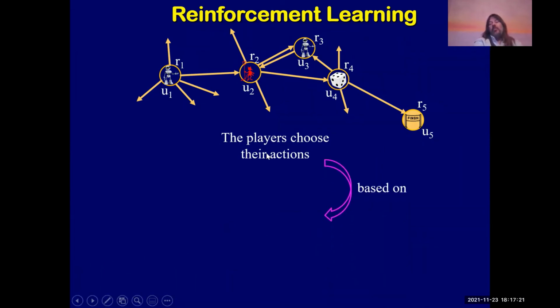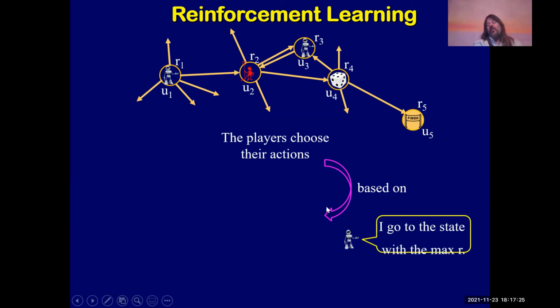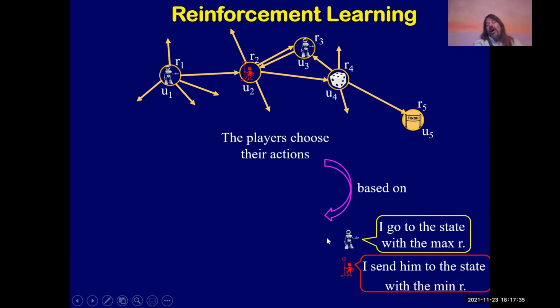But which action he takes is based on what? If it's my turn, I go to the state which maximizes my R value. So the action I take depends on that. And if it's his guy, he goes to the state with the minimum R, right? Either way, the action taken depends on the R values.